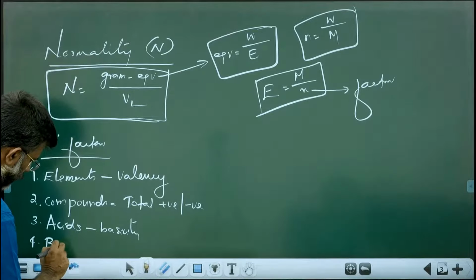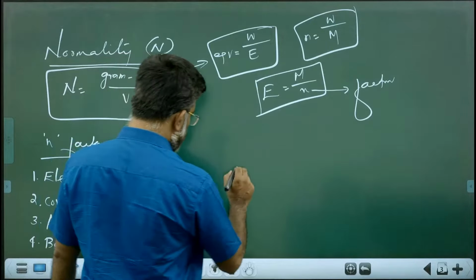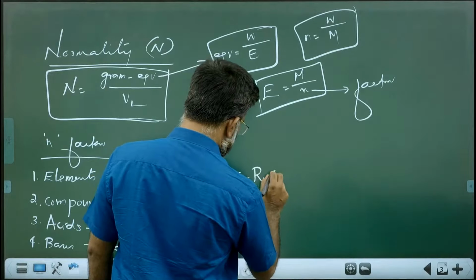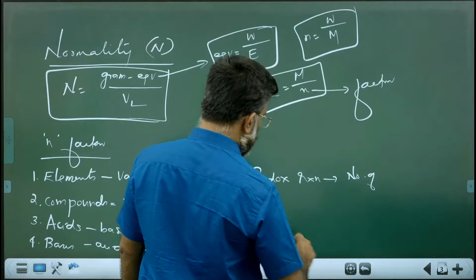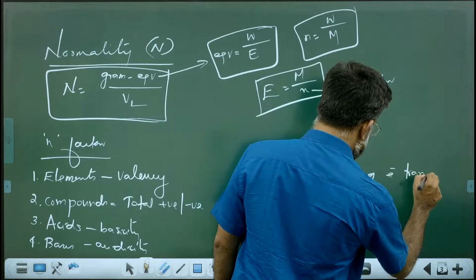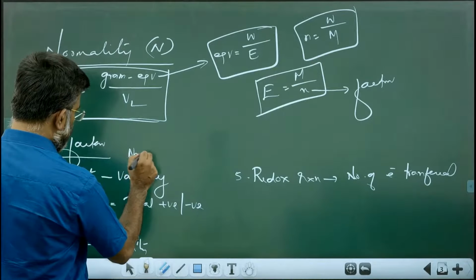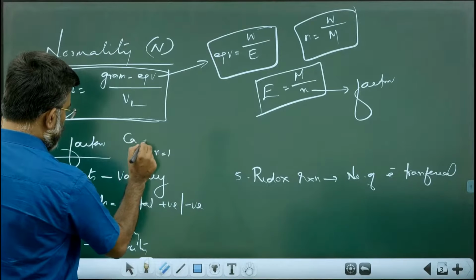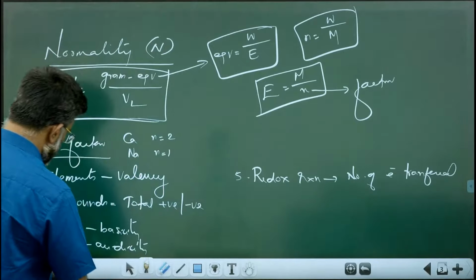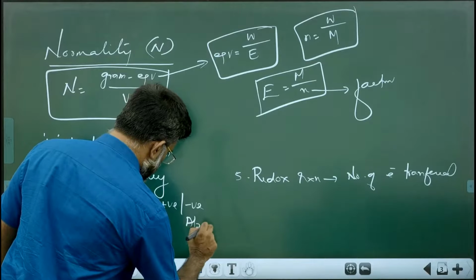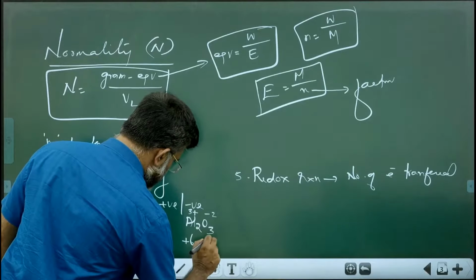N factor for bases, it is acidity. And N factor for redox reactions, it is the total number of electrons transferred. For example, if you are dealing with sodium, N factor equal to 1. If you are dealing with calcium, N factor equal to 2. If you are dealing with a compound, say for example, aluminum oxide, Al2O3, it is 3 plus into 2, 6, or minus 2 into 3, minus 6.